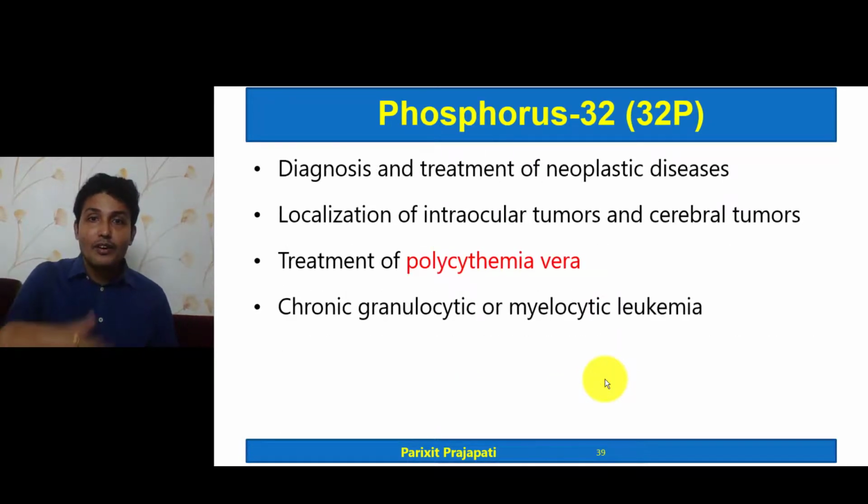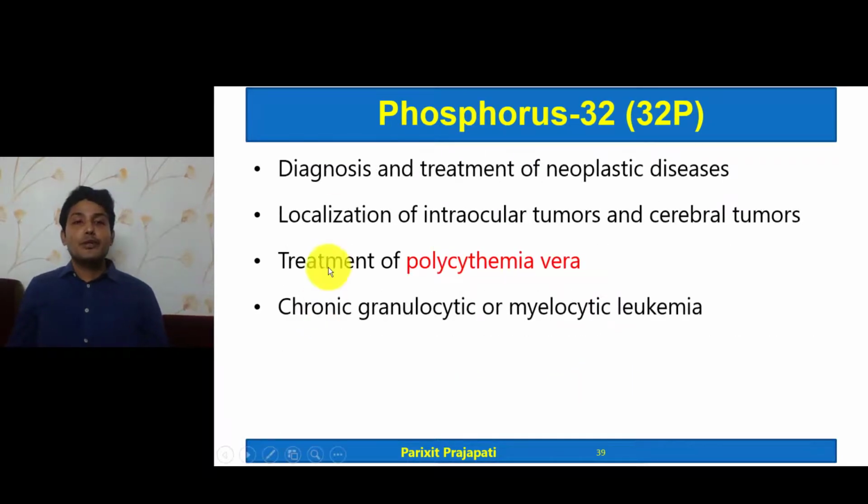And now, where can it be used? It can be used in diagnosis and treatment of neoplastic diseases. Localization of intraocular tumors, meaning in a cancer, intraocular tumors and cerebral tumors, as well as in the treatment of polycythemia vera.